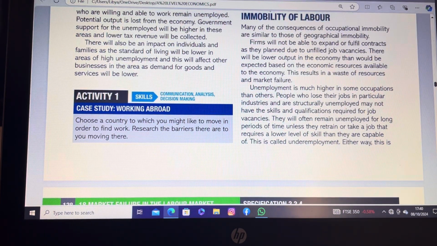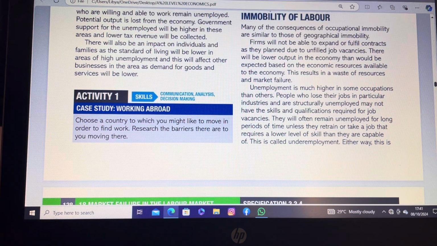Unemployment rate is much higher in some occupations than others. People who lose their jobs in particular industries and are structurally unemployed may not have the skills and qualification required for the job vacancies, so they will often remain unemployed for long periods of time unless they retrain or take a job that requires a lower level of skills than they are capable of.